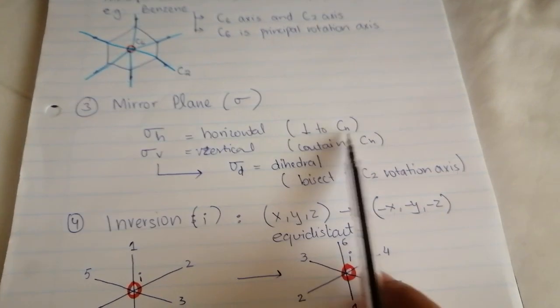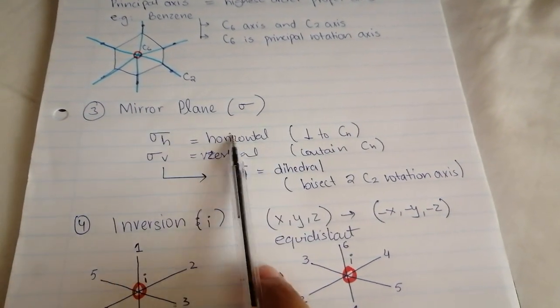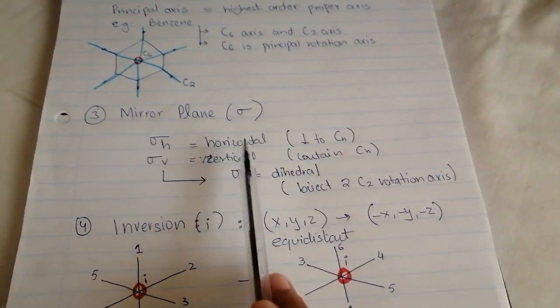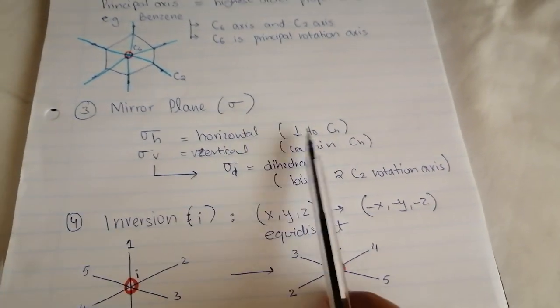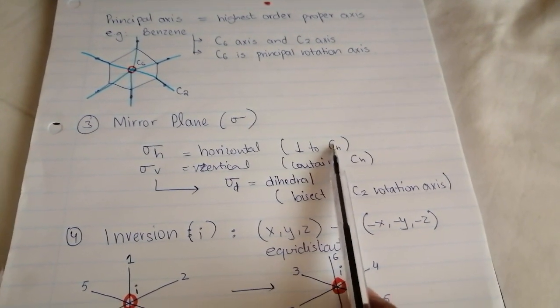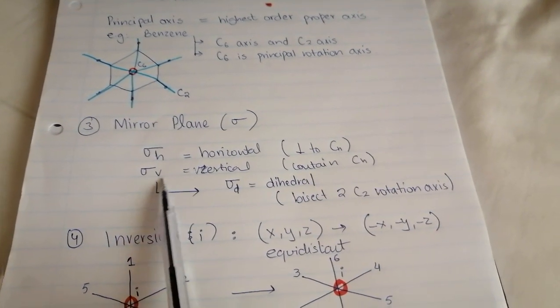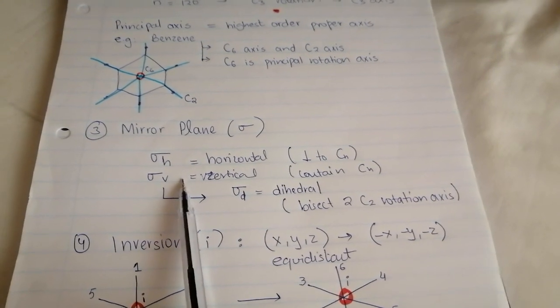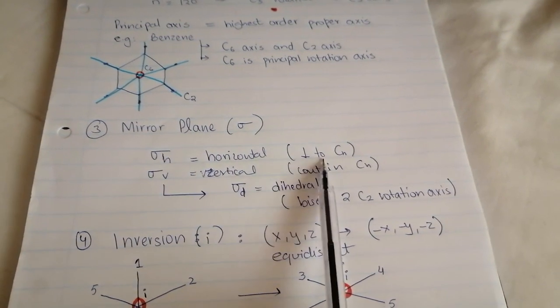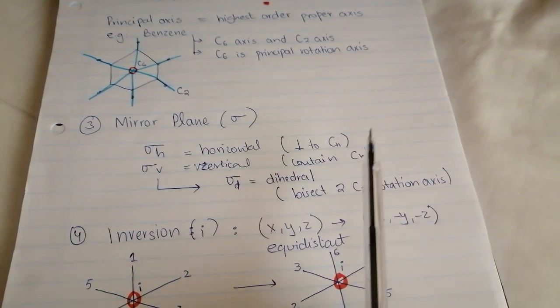Now, what is the relationship of the horizontal mirror plane to the principal rotation axis? Horizontal reflection planes are perpendicular to Cn. Cn is your principal rotation axis. And the vertical mirror plane, or vertical reflection plane, contains the principal rotation axis itself.